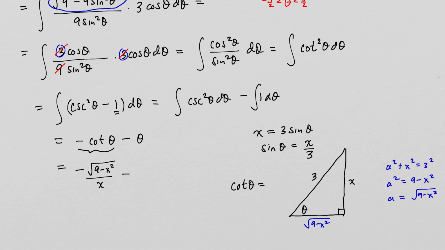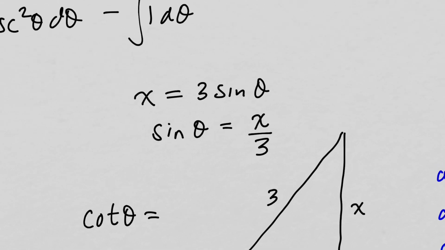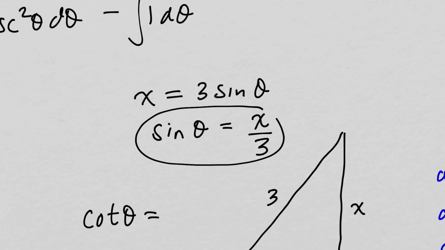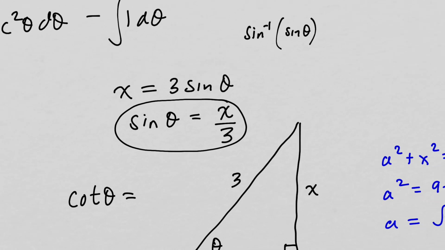And then we have minus theta. But what is theta? Well, let's focus in here. We know sine of theta is x over 3. So if we take the inverse sine of both sides, we get the inverse sine of the sine of theta is equal to the inverse sine of x over 3.